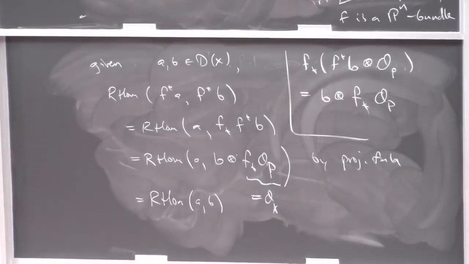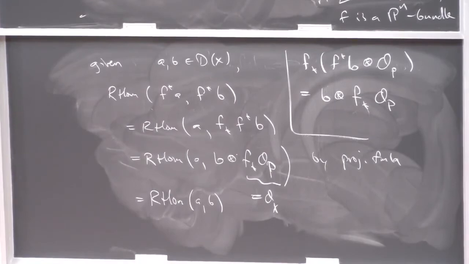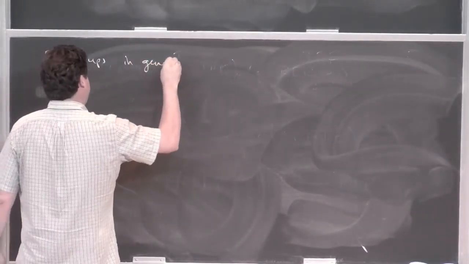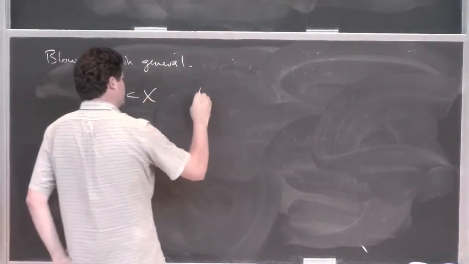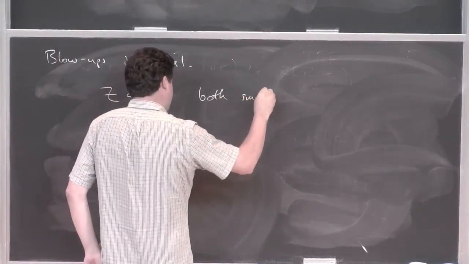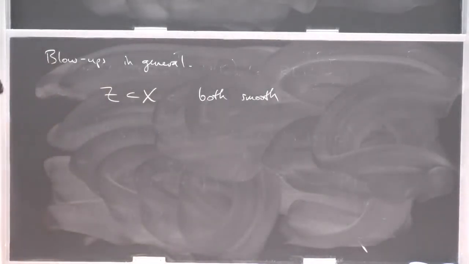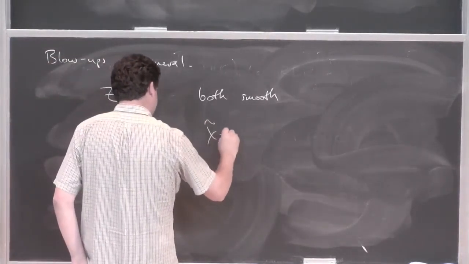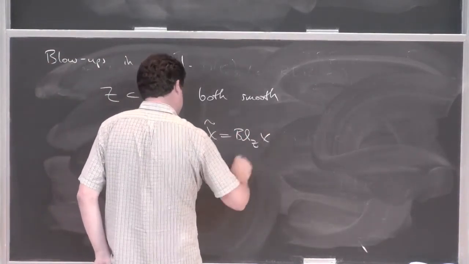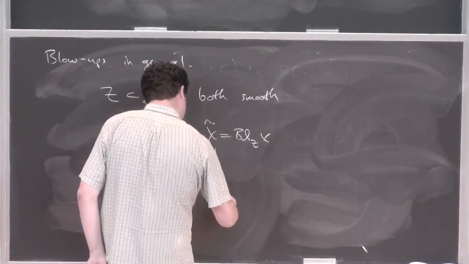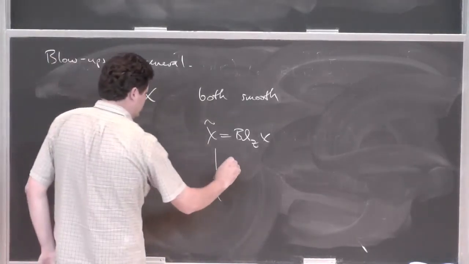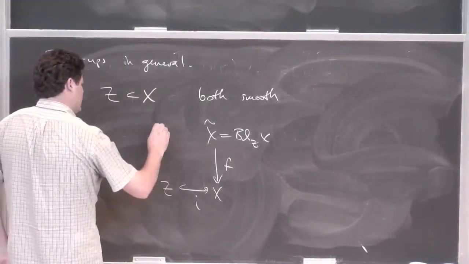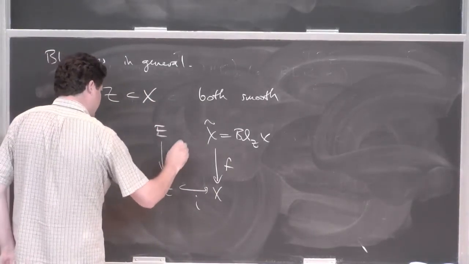So let's talk about blowups. All right, so if I have some Z and X and they're both smooth, and X tilde is going to be the blowup of X along Z. Let's call this inclusion I. Let's call this F. Over Z, I have this exceptional divisor.